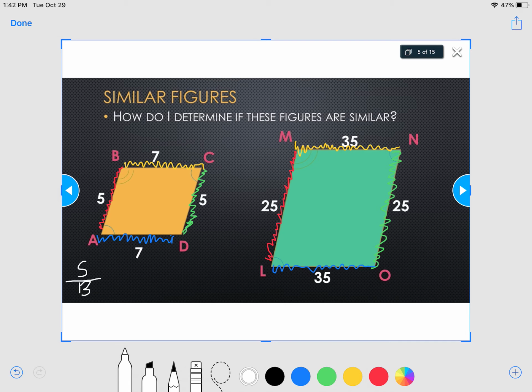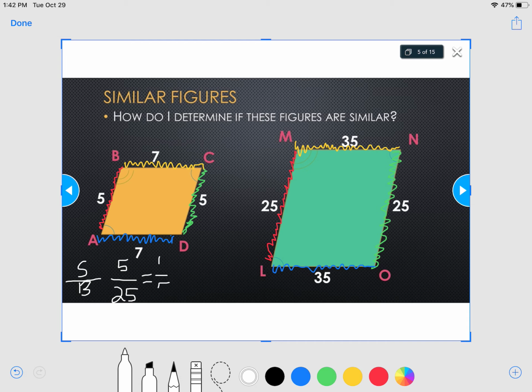The small figure on the red highlighted side is 5 units. And then the red on the big figure is 25. Now, 5 over 25 equals 1/5.